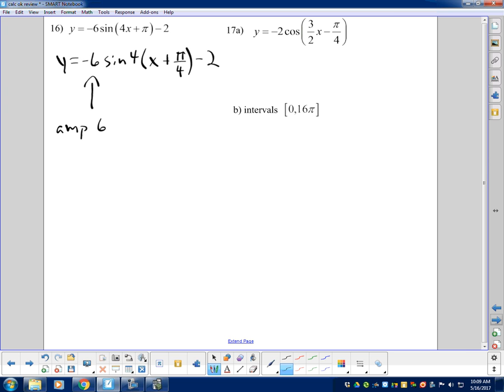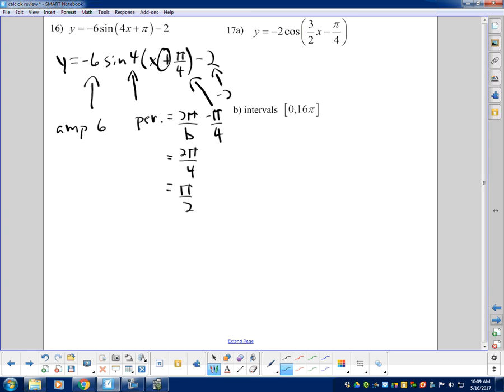Period can be found by taking b, and we know period equals 2 pi over b, so it's 2 pi over 4, or pi over 2. That's my period. Then we take this value here, and the opposite of that sign tells me my phase shift, so negative pi over 4, and then my vertical shift is negative 2. So I got it right there.